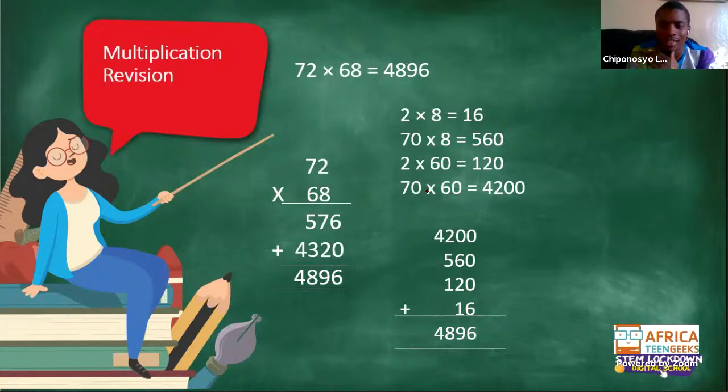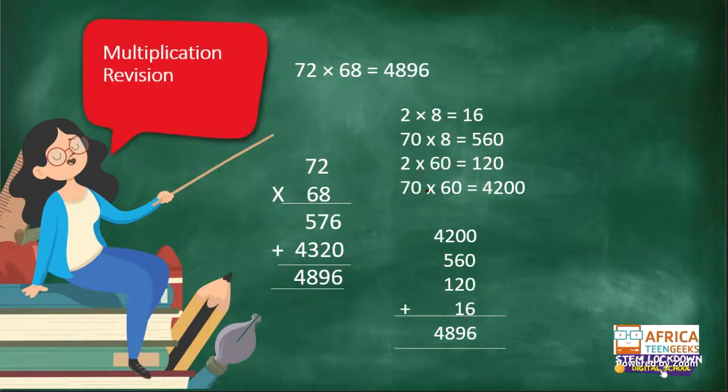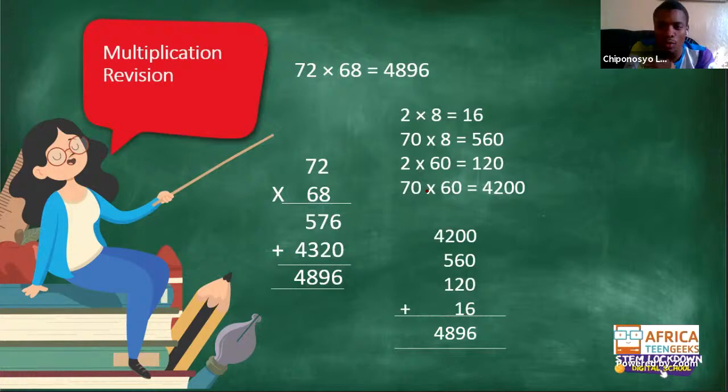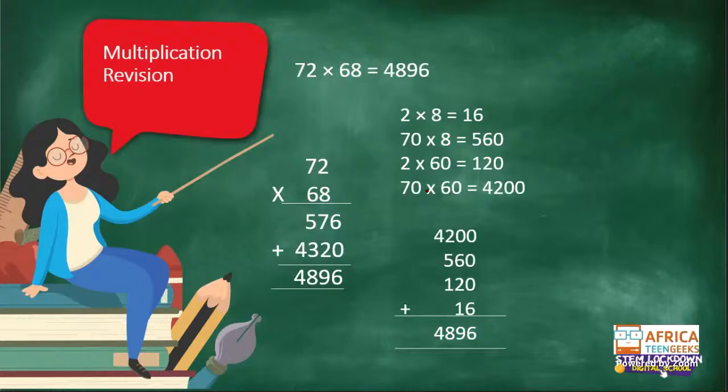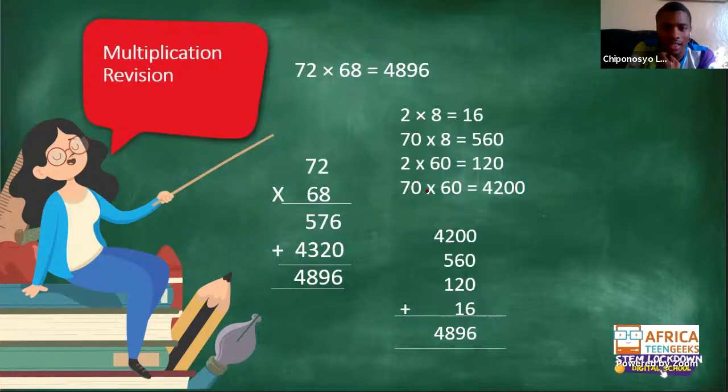Slow down a bit and explain again. I said 72 times 68 equals 4,896. Then 4,896 divided by 68 equals 72.